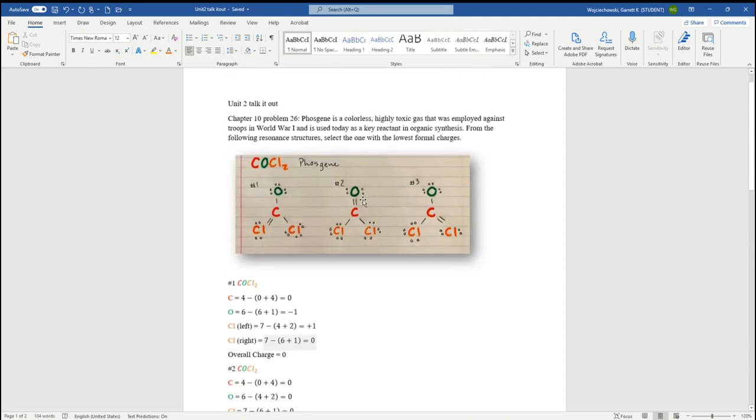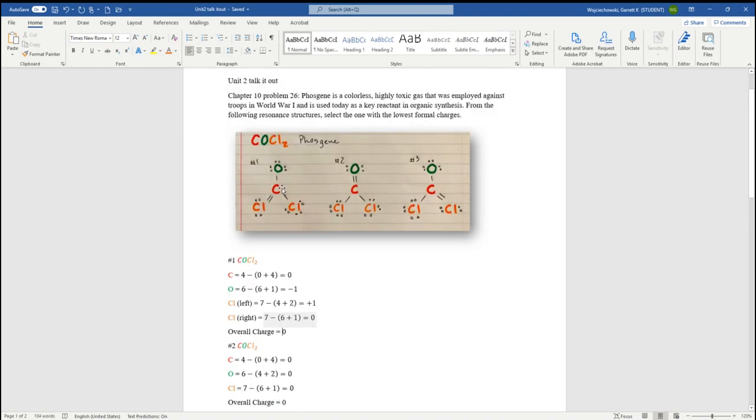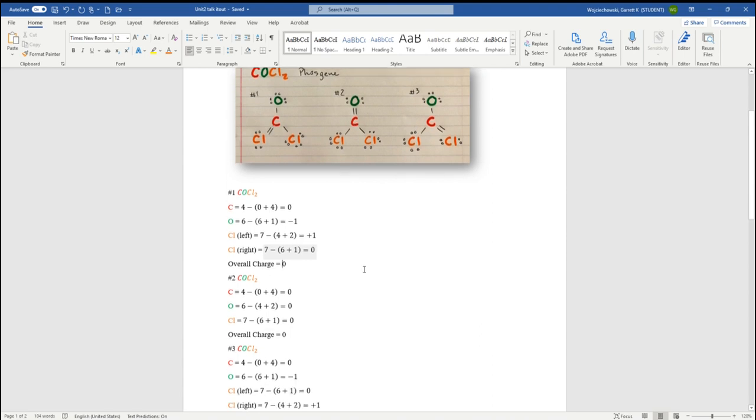Moving on to the second structure. This one has a double bond on the oxygen on top. And with the carbon, it's going to be the same charge because in each structure, you can see that each carbon has 0 non-bonding and 4 bonding electrons. So 4 minus 4 is 0, no charge.